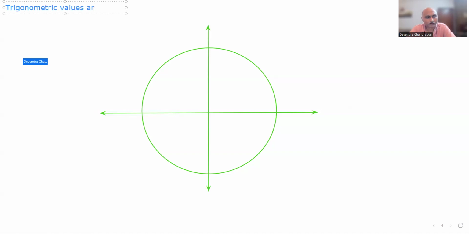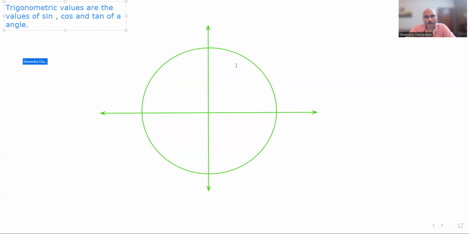Trigonometric values are the values of sine, cos and tan of an angle. We are discussing only sine, cos and tan because the rest of them are reciprocals of these three.